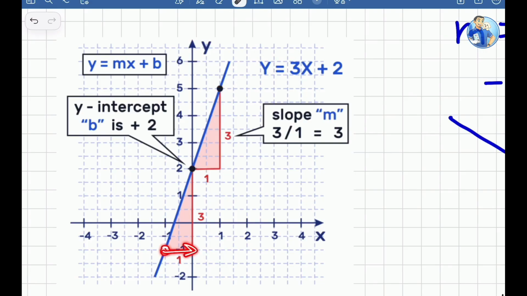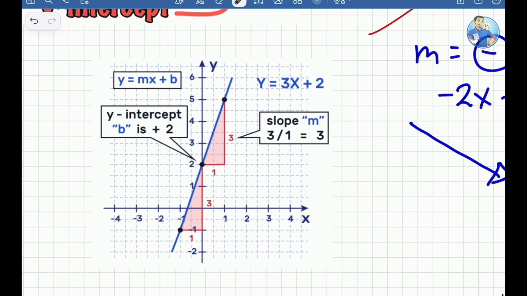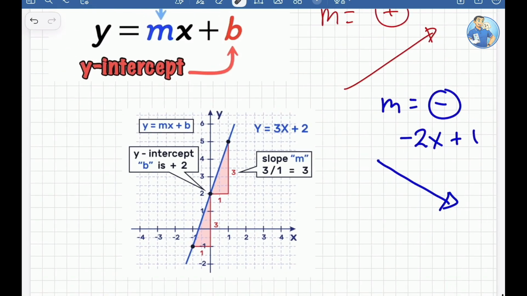This is because the slope is positive. If the slope is negative, it means that for every single unit horizontally, it's going to decrease by 3, because it's going downwards. We need to remember this because we are going to use it for the graphical method.